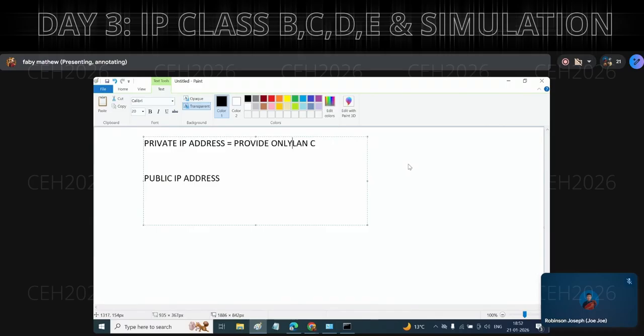Only LAN communication, local area network. And a public IP address provides WAN communication.